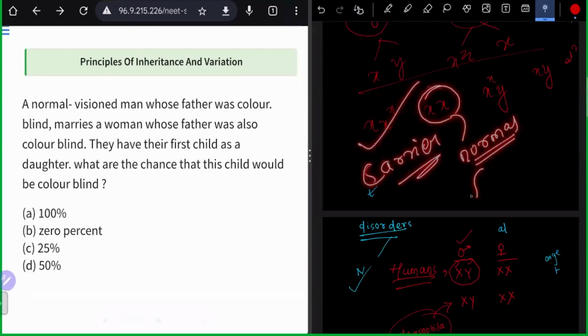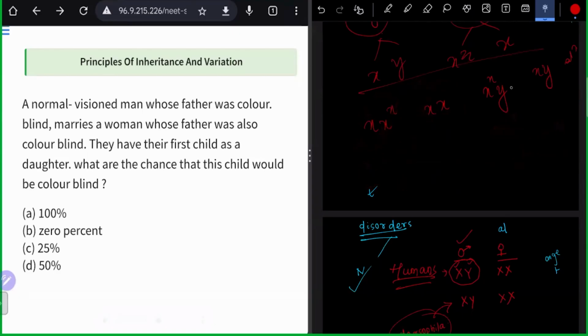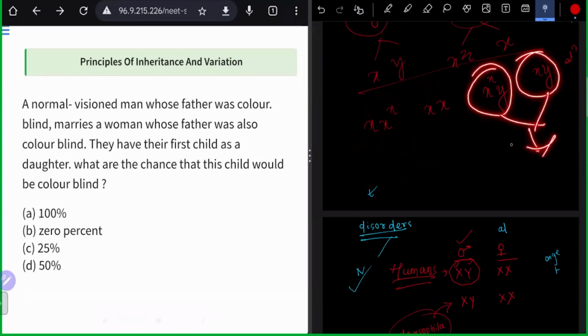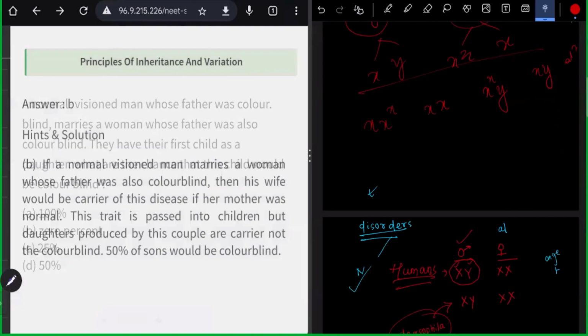So the percentage of colorblind is 0. But if it were a male child, the percentage would be 50%, because in the possible scenarios, one male child is affected. So the answer is B, 0%.